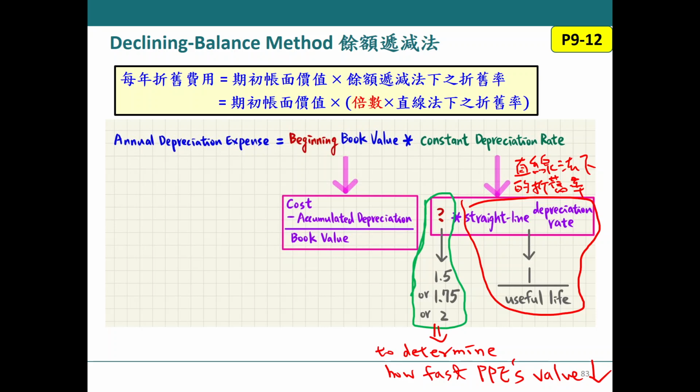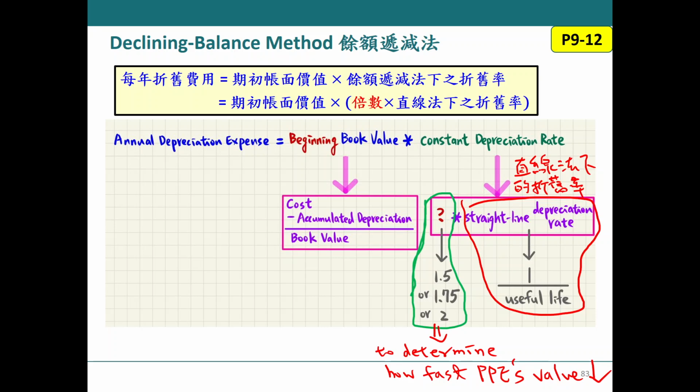Okay, so based on beginning book value times depreciation rate, some percentage, we could find out our depreciation expense. Any questions? So did you find out? For this method, the formula is quite different from the last 2 methods because we want to get our purpose.